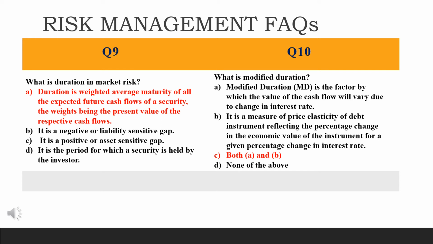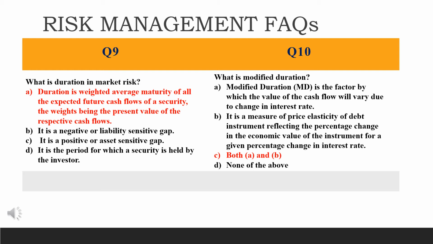Duration is a weighted average maturity of all the expected future cash flows of a security, the weights being the present value of the respective cash flows. Second option is a negative or liability sensitive gap. Third option is a positive or asset sensitive gap. Fourth is the period for which a security is held by the investor.